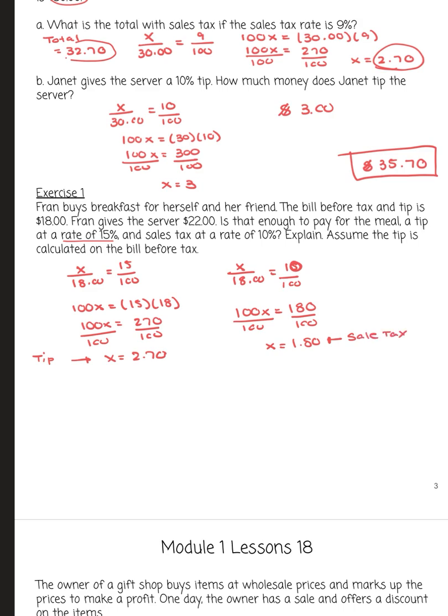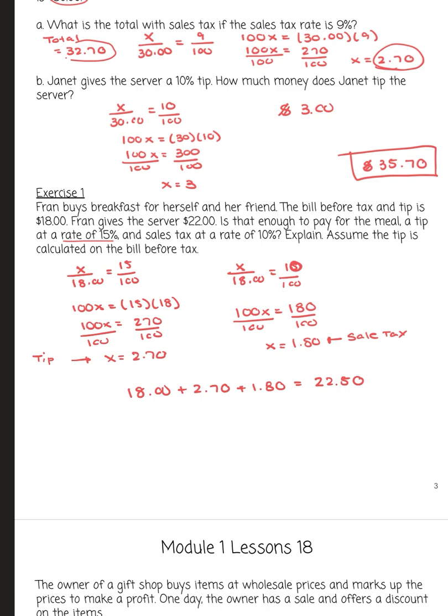If we take the $18, that was how much her breakfast cost, we add the tip of $2.70, and we add the sales tax of $1.80, that gives us a total of $22.50.